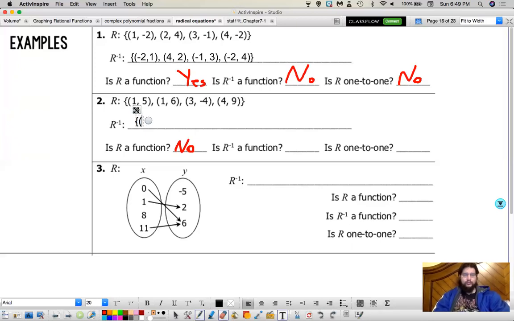That's a no. So 5, 1, 6, 1, -4, 3, and 9, 4.